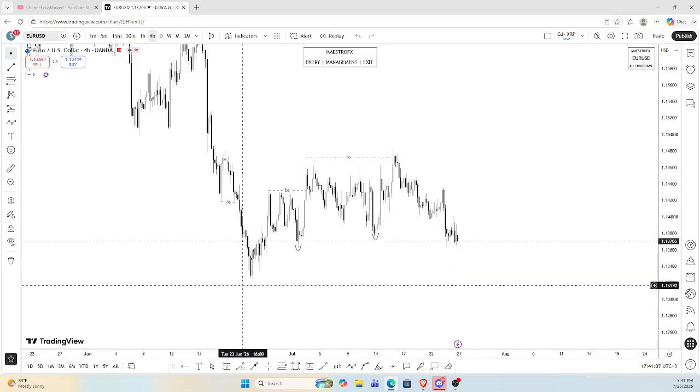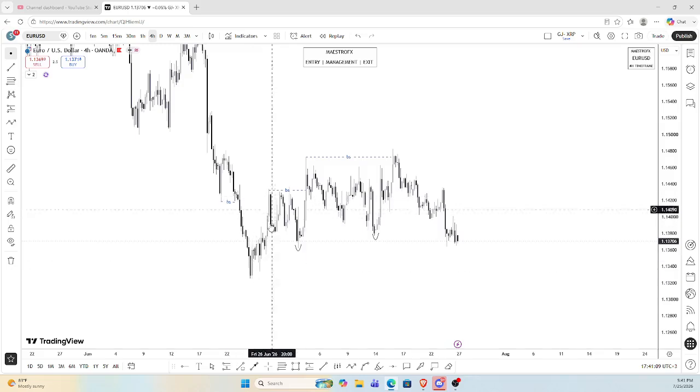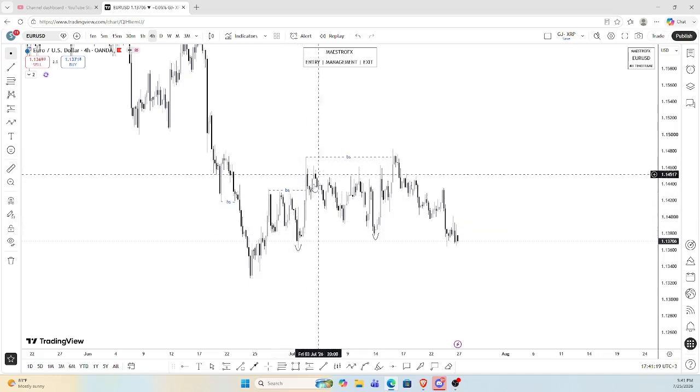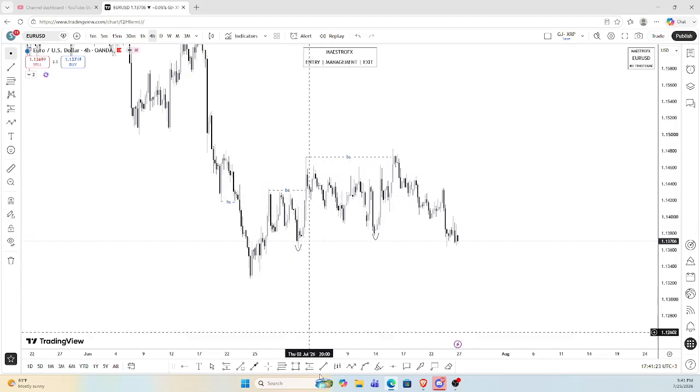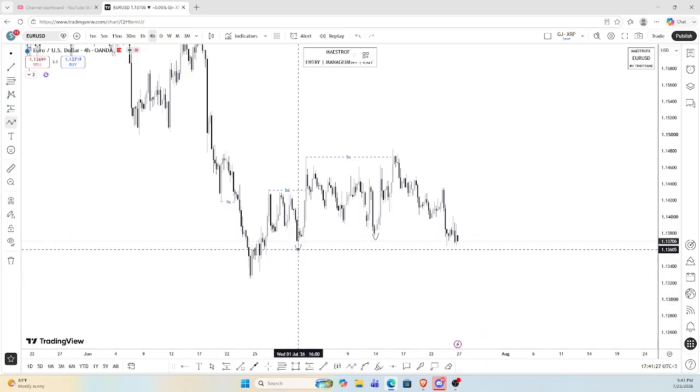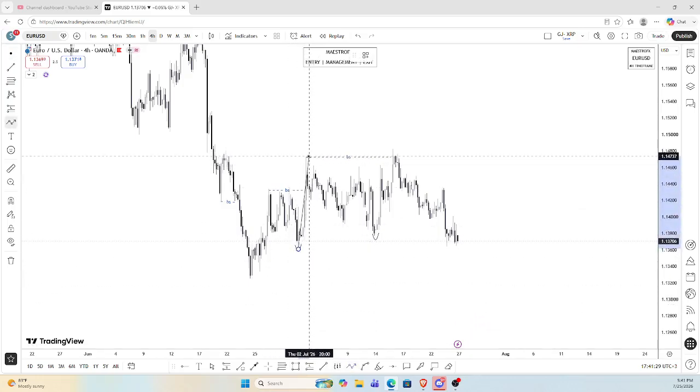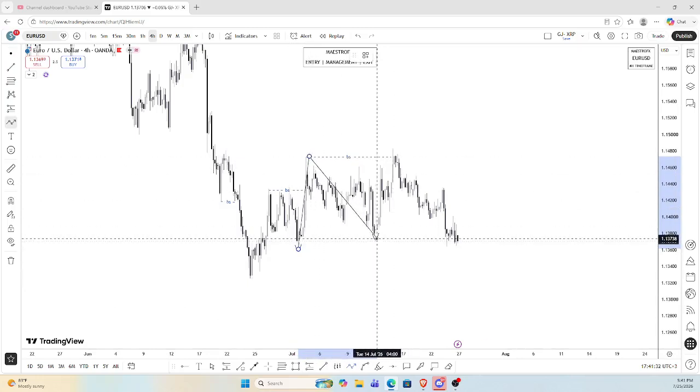And ever since we had this break of structure, price started somehow consolidating, and then we had this break of structure. After this break of structure, as usual, we anticipate a correction to premium zones or discounted zones before we get that follow through.